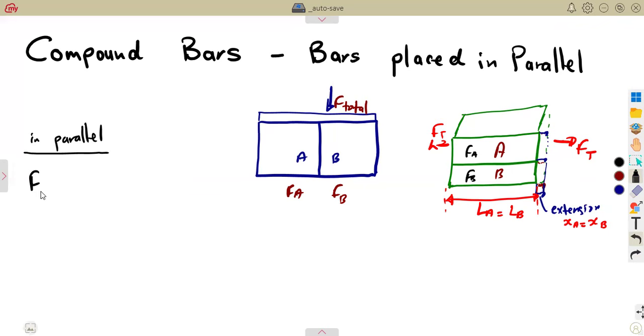So Ft, representing the total force, is equal to the force at A plus the force at B. In parallel, we saw that their extension is the same, so the total extension is equivalent to the change in length at A, or the change in length at B, whatever you calculate. It is going to be the same. And we also saw that the length at A and the length at B is the same.